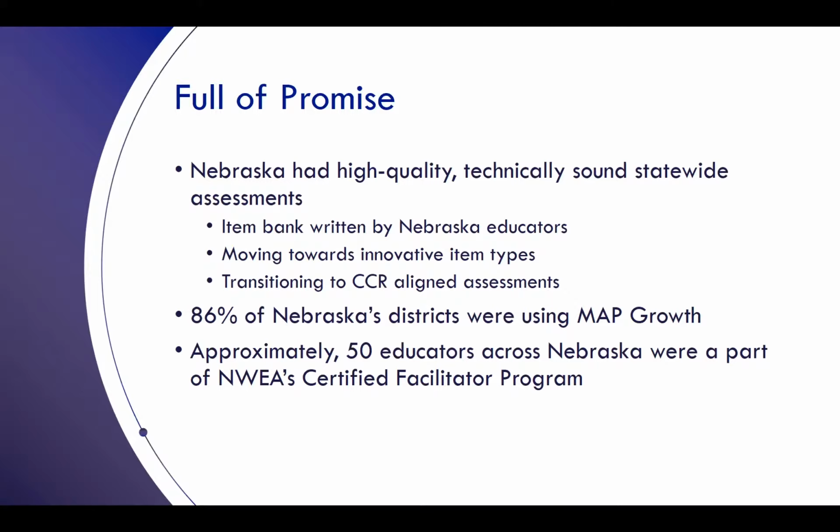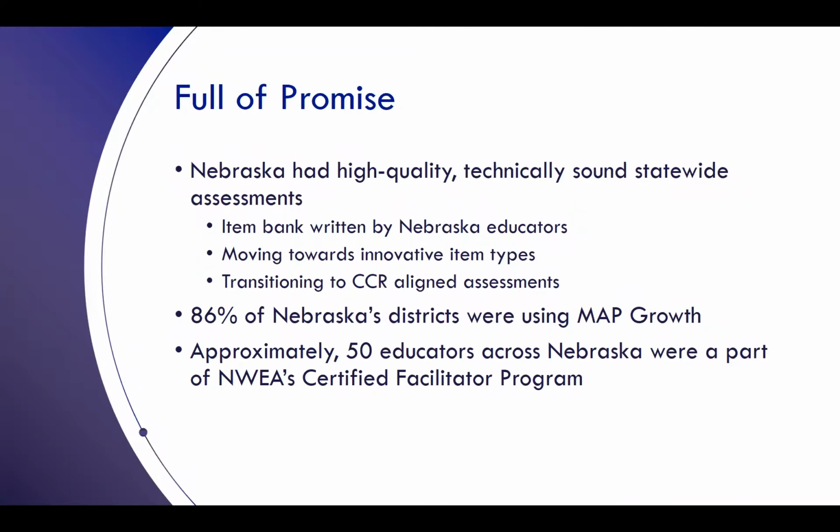NWA knew we weren't going to do that. NDE knew we weren't going to do that, because MAP Growth by itself does not meet the federal requirements for a state summative test. It really doesn't give us the types of grade level information that we have to use to determine proficiency. And so some people misunderstood that.